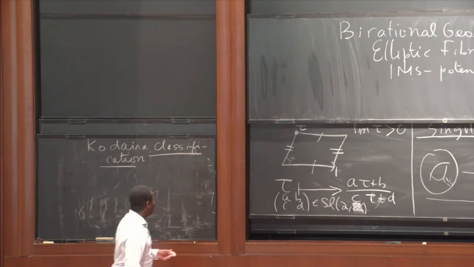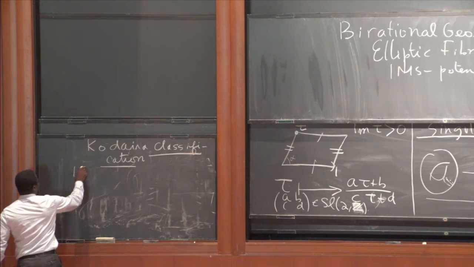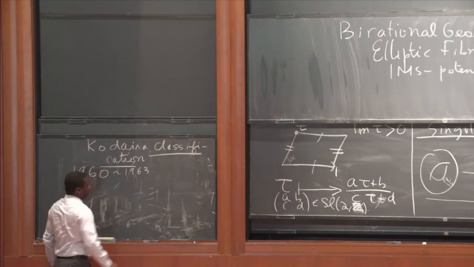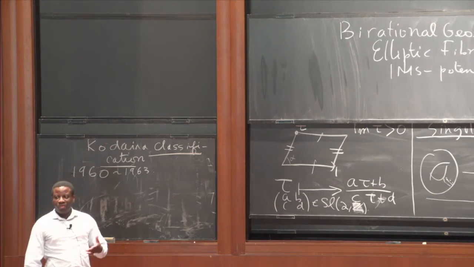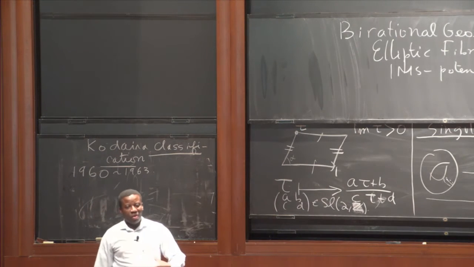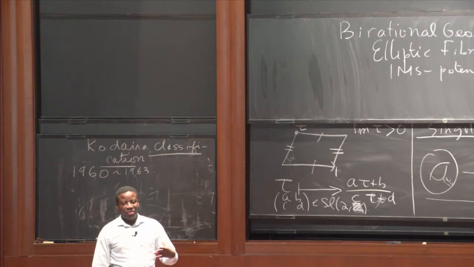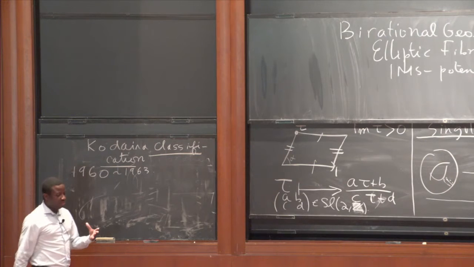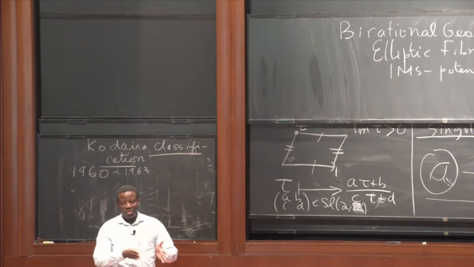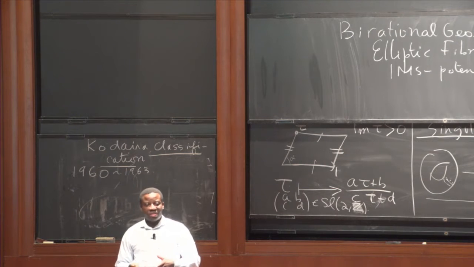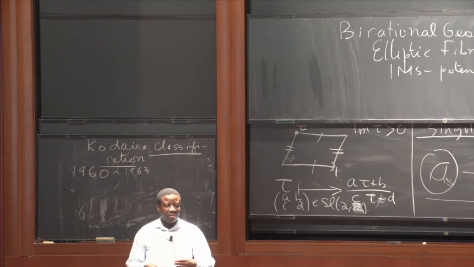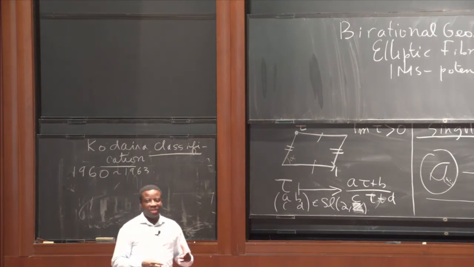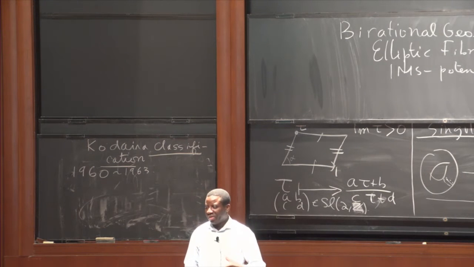Around 1960 to 1963, he was trying to answer the following question: what happens if I try to classify all types of surfaces? There is an invariant that he used, called the Kodaira dimension, that ended up playing an important role. Among all surfaces, there was a special case that needed to be studied on the side, and that special case is the case of elliptic surfaces, meaning an elliptic fibration over a curve. For this type of fibration, you can actually give an explicit classification of the singular fibers.